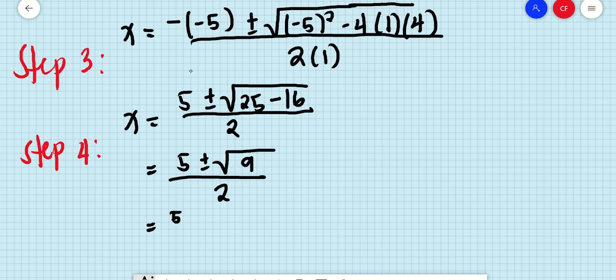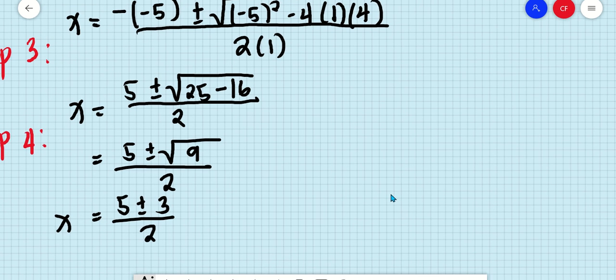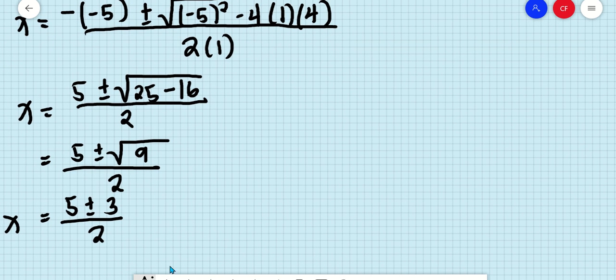Again, simplify. So, 5 positive negative, square root of 9 is 3, all over 2. Right? So, proceed na tayo sa step number 5. Dito na lang natin lagay yung step number 5, para magkasunod sila.